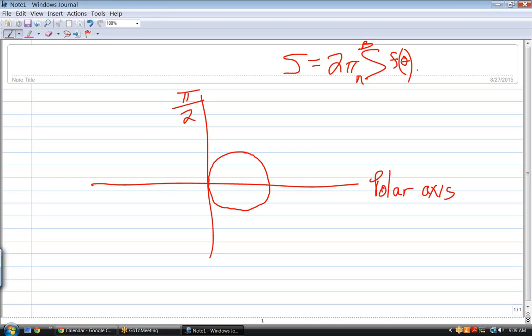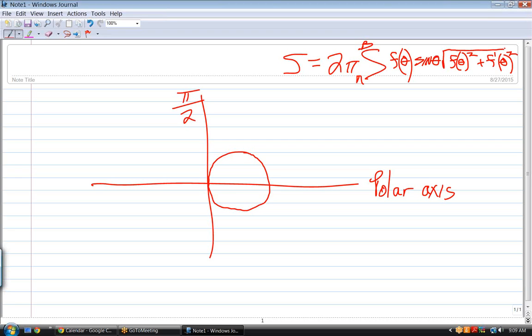Remember, f of theta is always r. And this is similar to arc length in that we have the square root of f of theta squared plus f prime of theta squared.